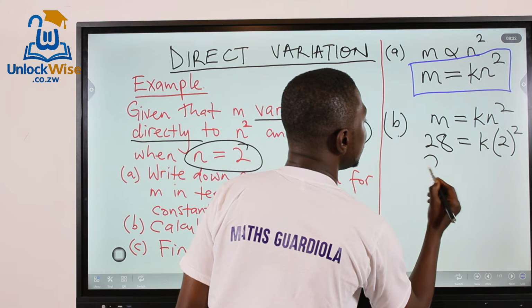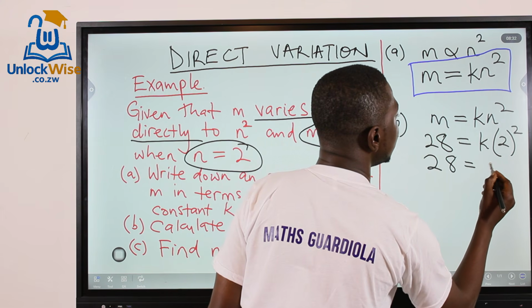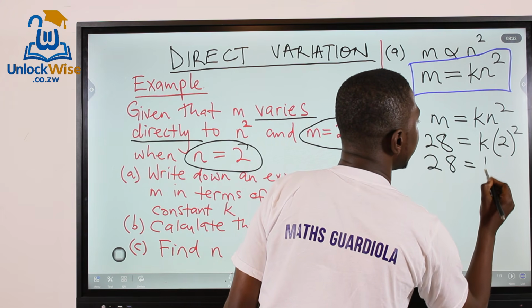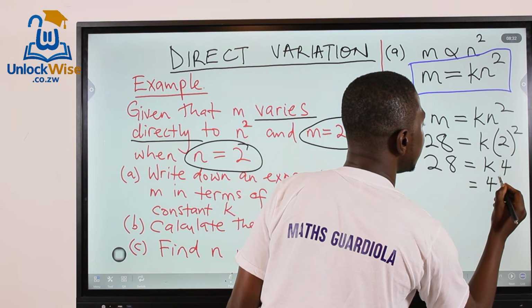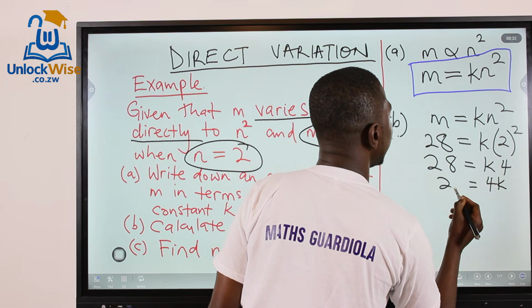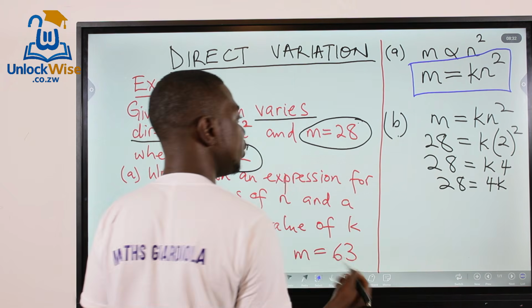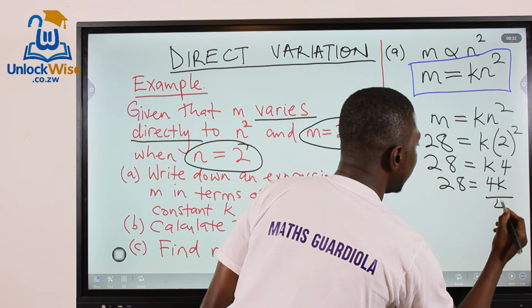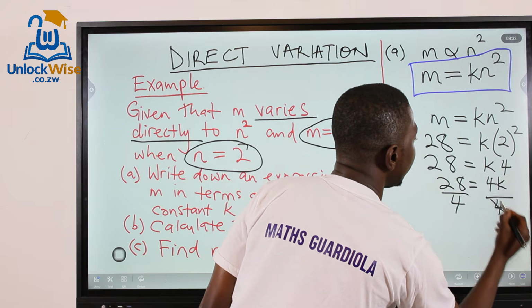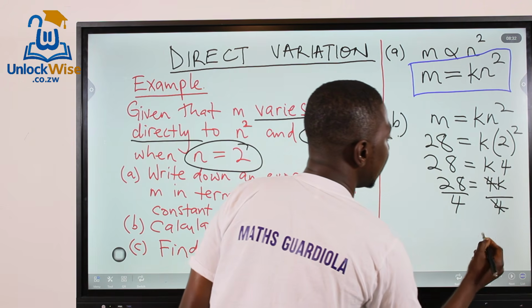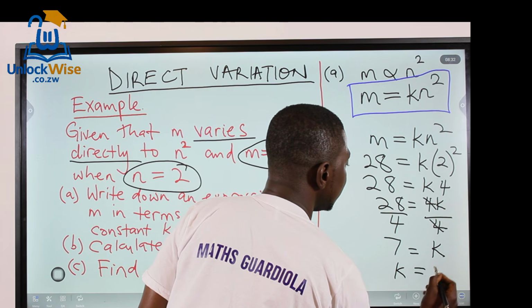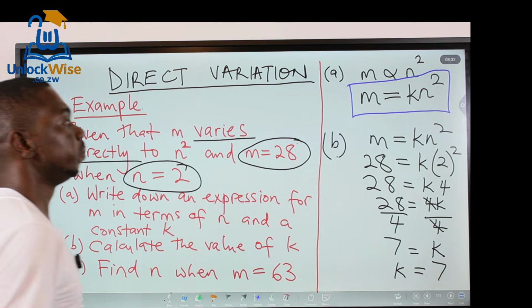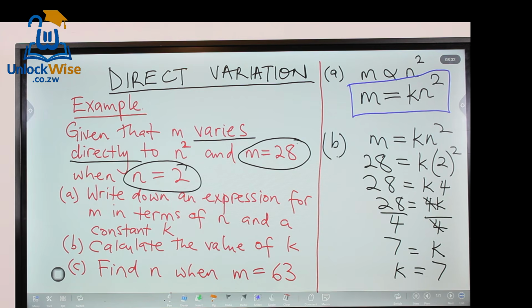This is going to give us 28, which is equal to k times 4, and I prefer writing it as 4k, so that I can have the number as the coefficient. Divide both sides by 4, and then I will have 7. So k is equal to 7. This is my answer for part B.